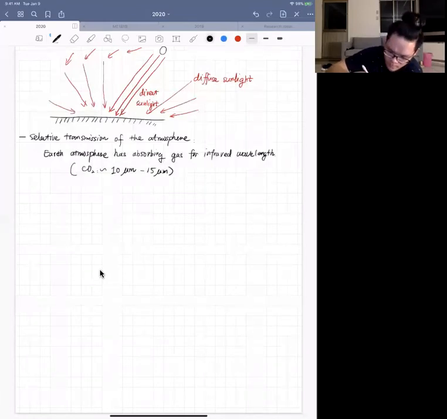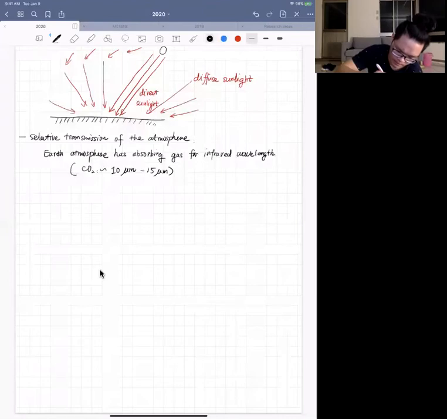It's notorious because, if you remember, the peak wavelength of thermal radiation from the Earth's surface is about 10 micrometers. Basically, the CO2 in the atmosphere is going to very strongly absorb the radiation emitted from the Earth.